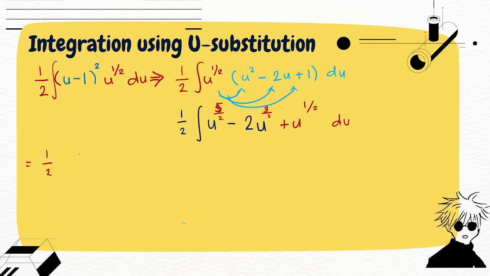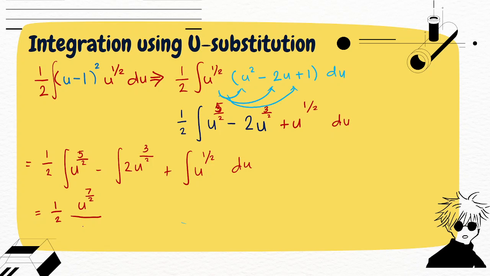So, 1/2 times integral ng u raised to 5 over 2 minus integral ng 2u raised to 3 over 2 plus integral ng u raised to 1/2 du. So, let's try to solve. The answer is 1/2 times u raised to 5 over 2 plus 1, that is 7 over 2. Reciprocal ng 7 over 2 ay 2 over 7.